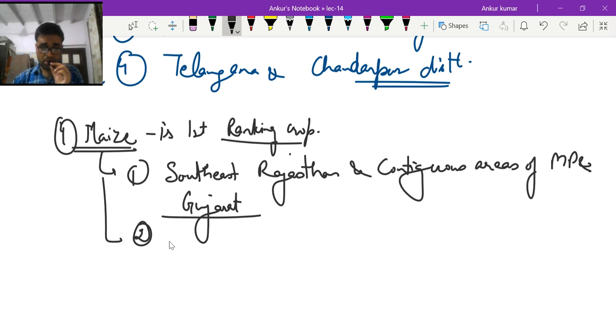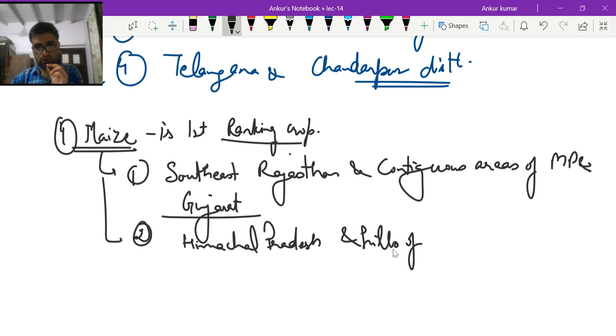Number two is where the maize is the first ranking crop: Himachal Pradesh and hills of Kashmir. Okay, and so these are the two main regions where the maize is the first ranking crop.